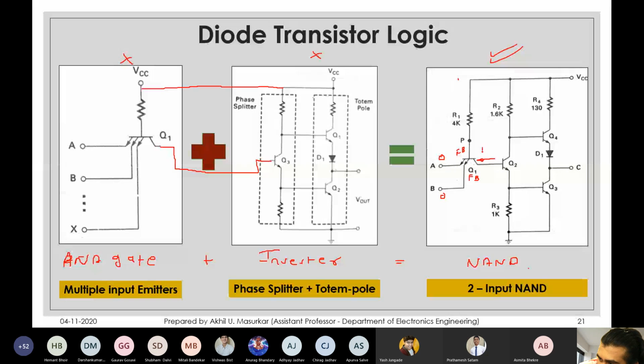Current is not supplied, it is the base of current flowing.